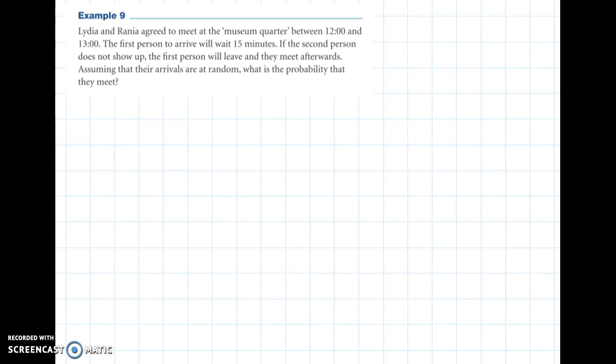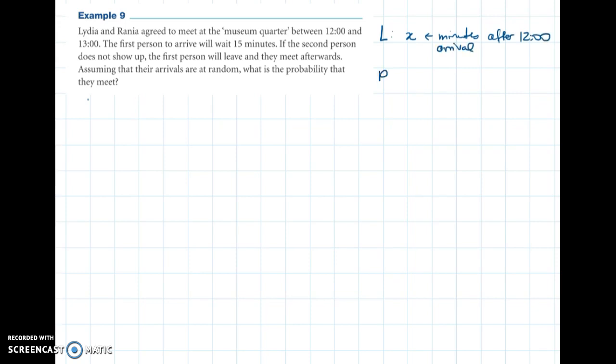So I'm going to say that my notation is going to be the following. For Lydia, I'm going to call X the minutes after 12 she arrives. So this is minutes after 12 o'clock arrival.